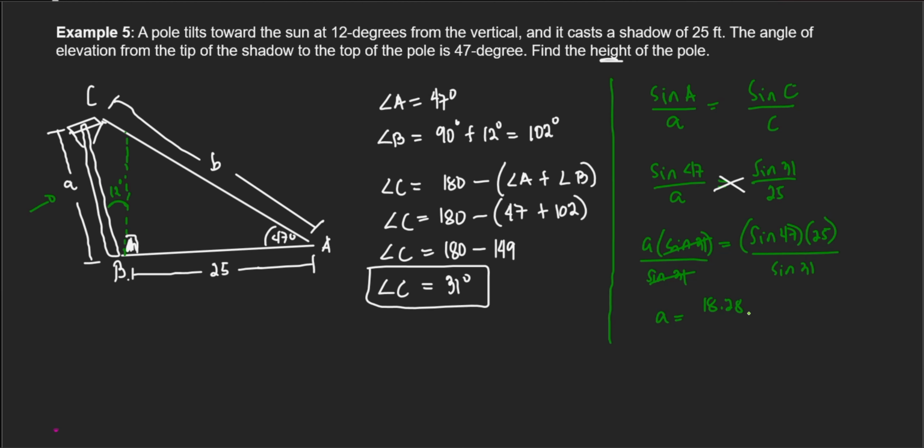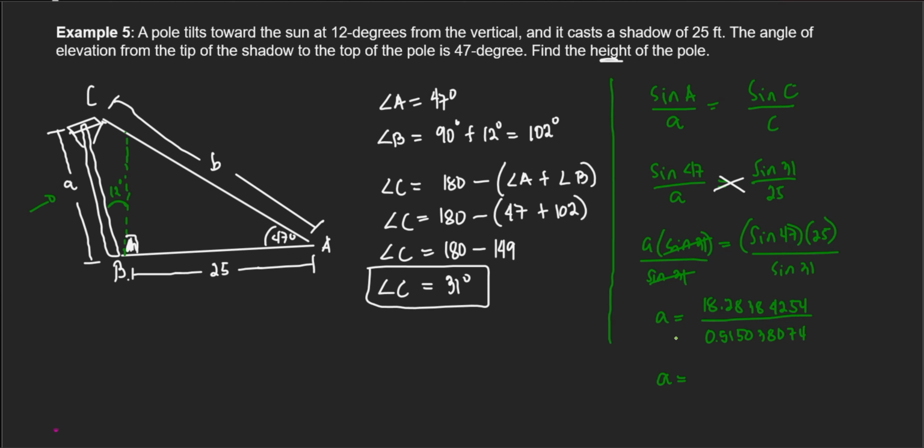18.2838425 and 4. Then, yung denominator natin, we have sine 31. So that is equal to 0.515038074.